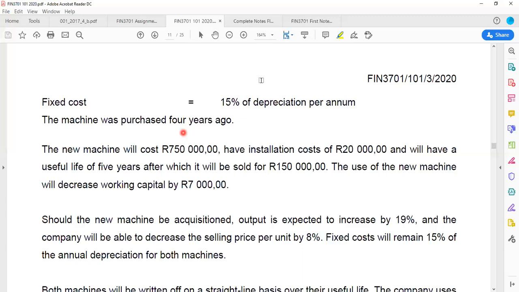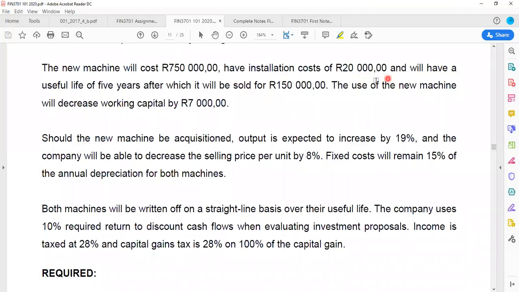We are told that the new machine will have installation costs of 20,000 Rand and will have a useful life of 5 years, after which it will be sold for 150,000 Rand. The new machine will decrease working capital by 7,000 Rand. If they purchase the new machine, output is expected to increase by 19%, and the selling price per unit is expected to decrease by 8%.